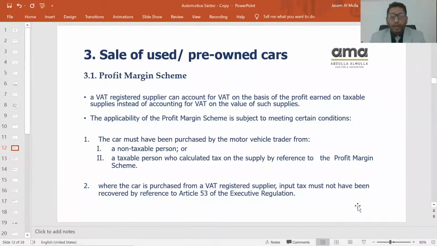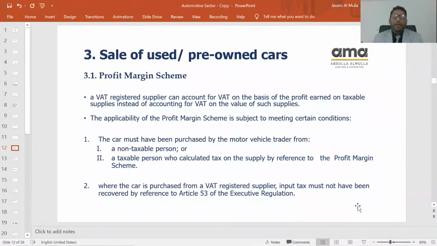The first one: the car must be purchased from an unregistered person or from a person who already applied the profit margin scheme on that specific car. If you buy the car from any other person, you cannot apply VAT under the profit margin scheme.